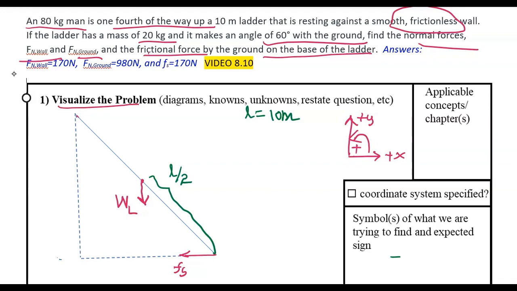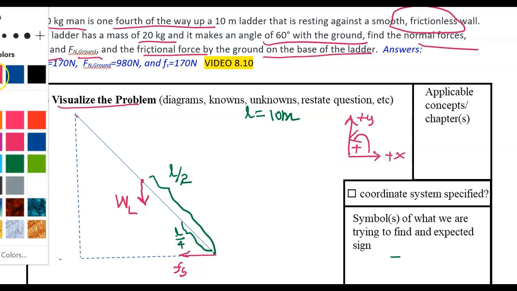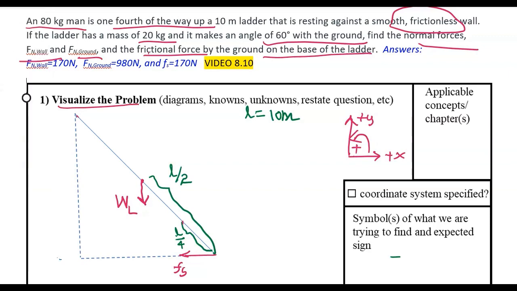As stated in the question, the man is at 1/4 of the way up the ladder, so that distance should be 1/4 of L. And the weight of the man on the ladder is acting downwards.